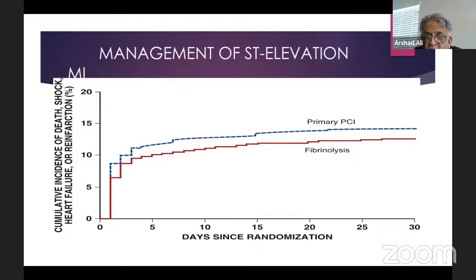Those are actually the two components. Reocclusion and less bleeding are the ones that tilt the balance towards the primary PCI. And that is sort of the standard of care in a lot of Western countries, if you have that.